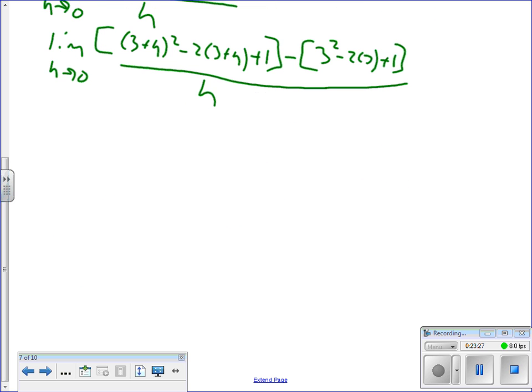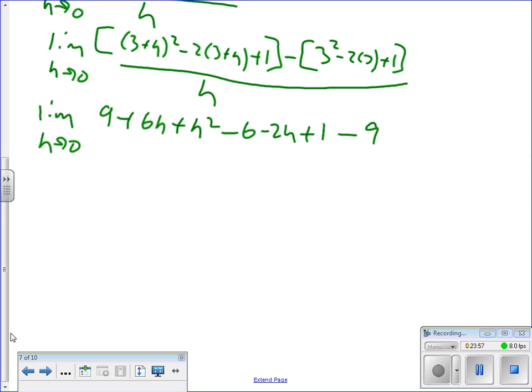Now I'm just going to do some fancy algebra. See, limit as h approaches 0. Oh, 3 plus h squared, that's 9, plus 6h plus h squared minus 6, plus, or sorry, minus 2h plus 1 minus 9 plus 6 minus 1, all over h.